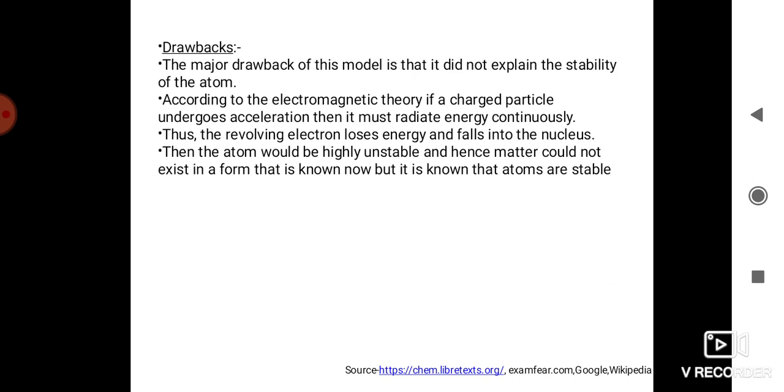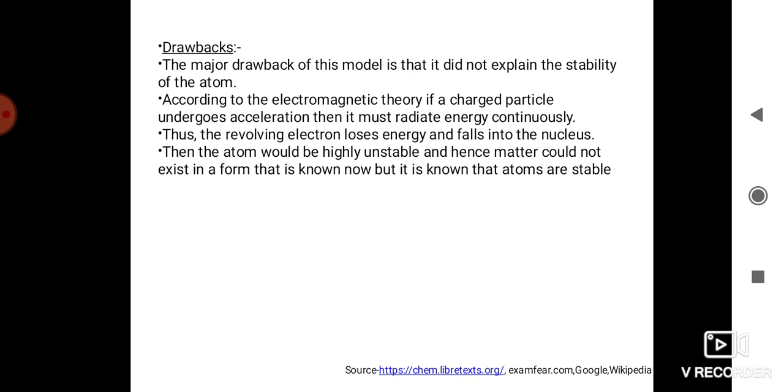So we cannot assume the existence of the atom, because the nucleus will attract the electrons, the electrons will collide with the nucleus, and there will be no existence of the atom. But we all know that the atom is a stable entity.